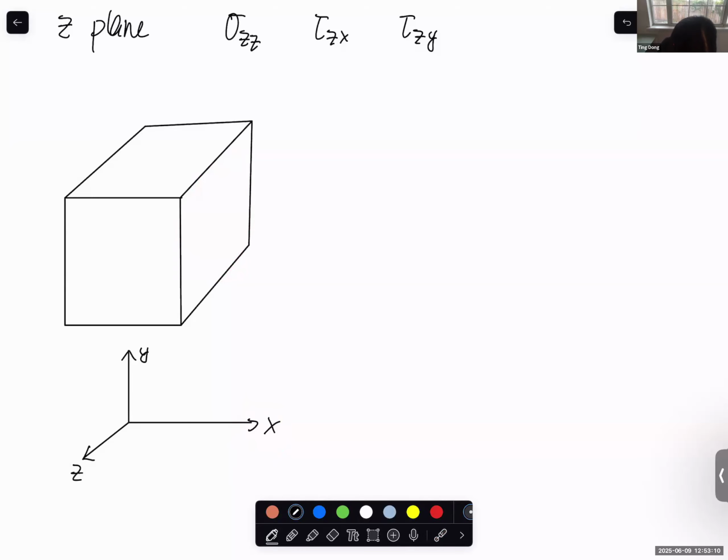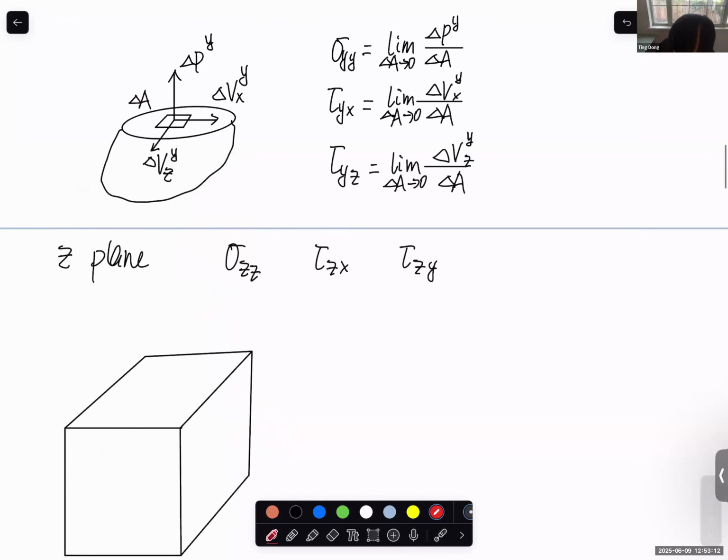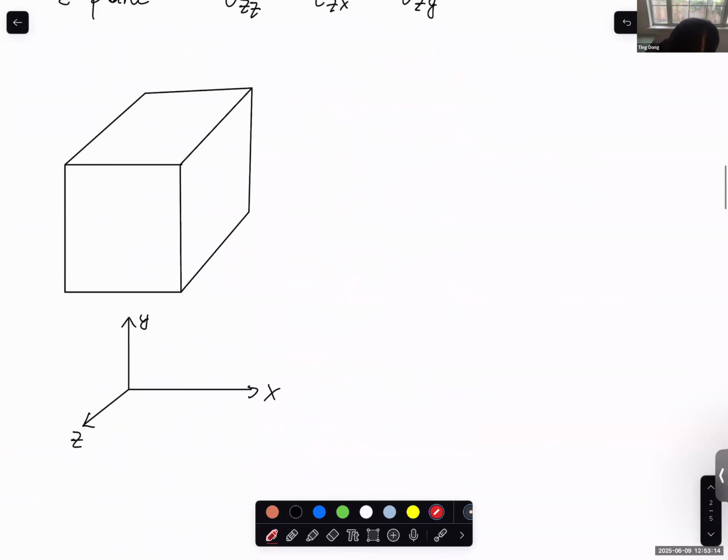Let's use a different color. On the x plane, we have sigma x, or you can write it as sigma xx, shear stress on the x plane in the y direction, and shear stress tau xz.